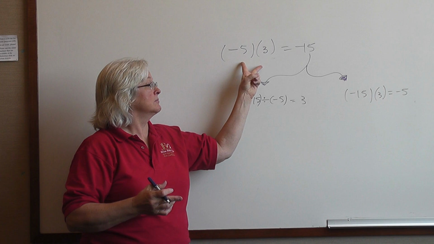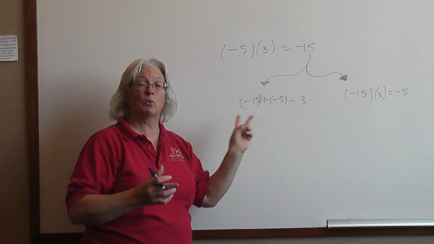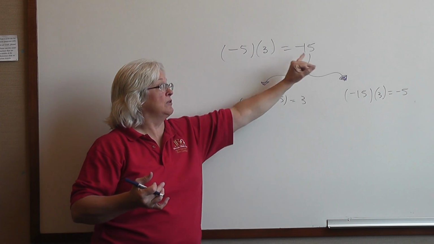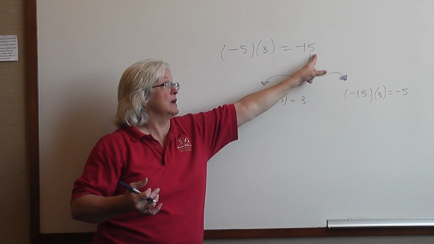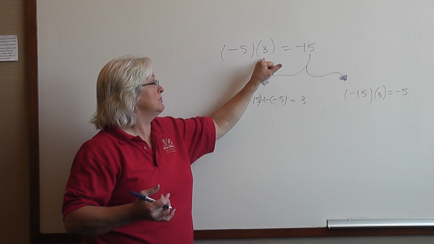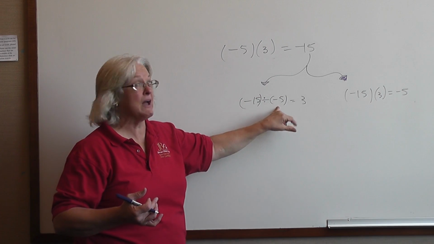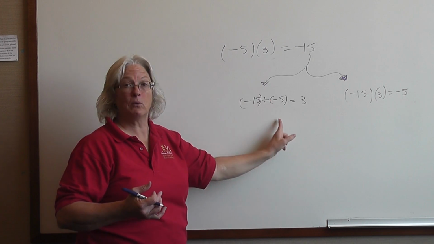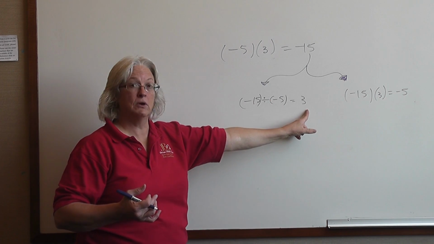You have only two separate ways that you can divide. When you have multiplied together to get a product, you take that product and divide it by one of the factors. The product of negative 15 divided by one of the factors gives you the other factor.